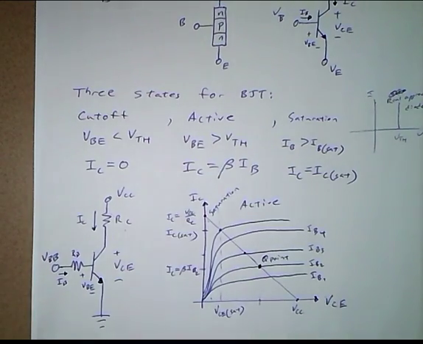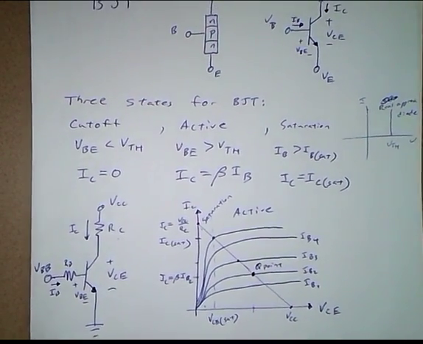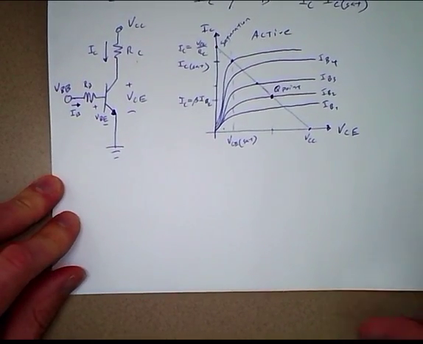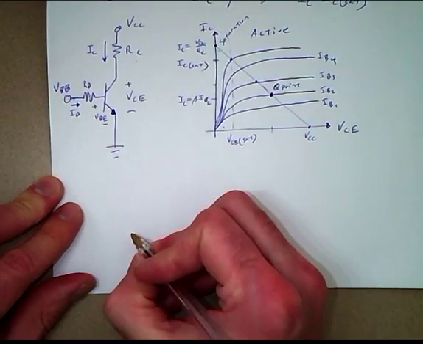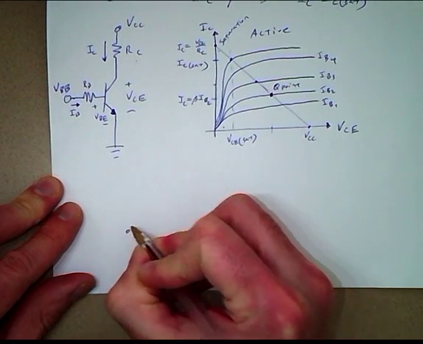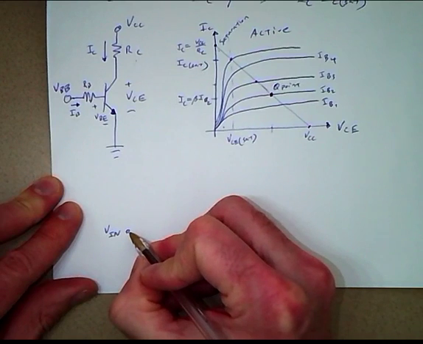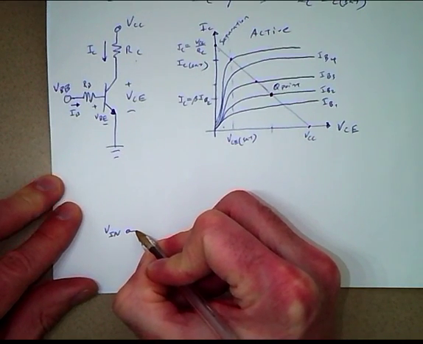So let me draw another circuit, or a way that we could use this as a switch. So say we have a microcontroller and we want to control a solenoid.